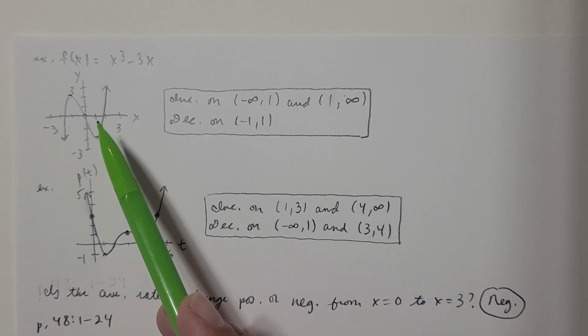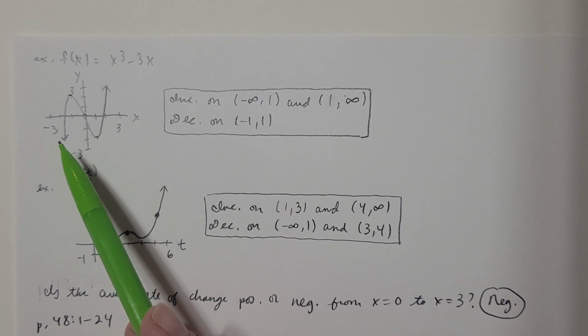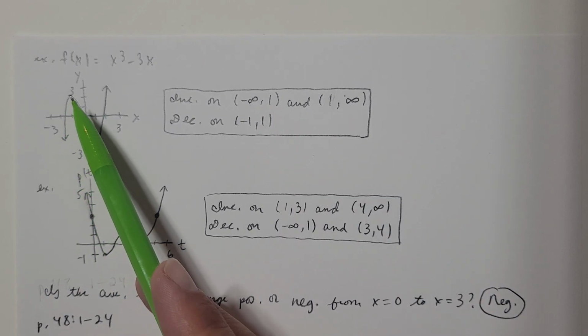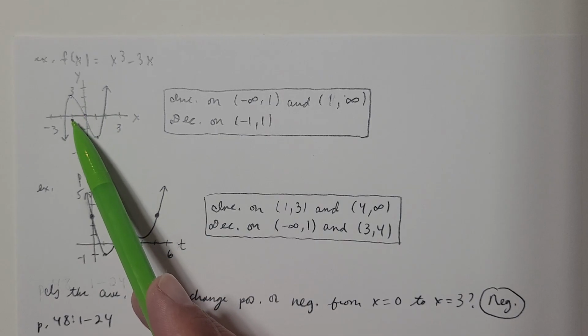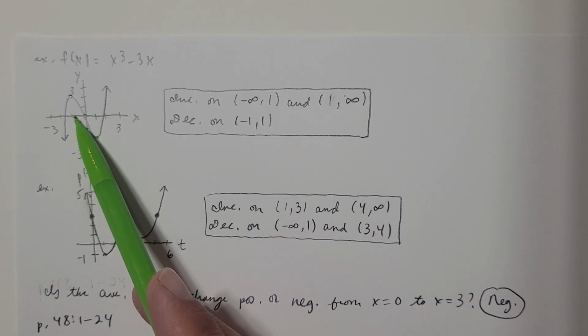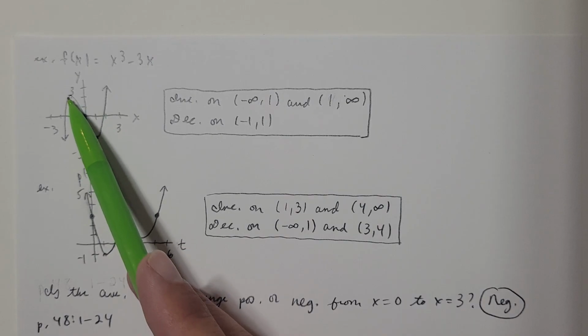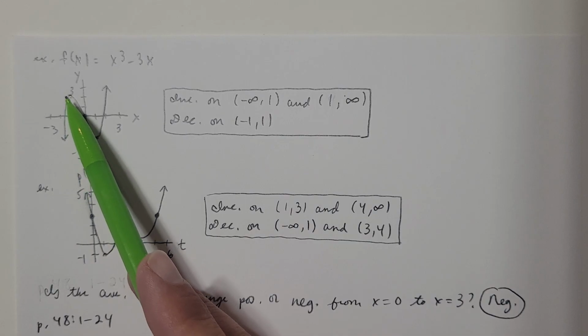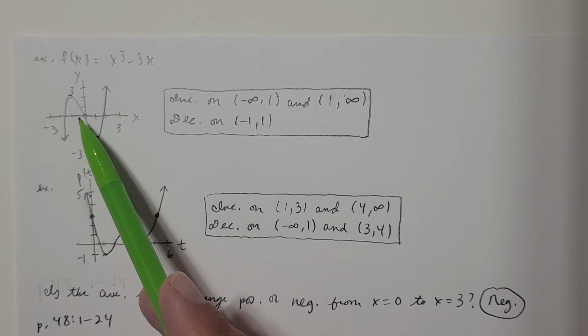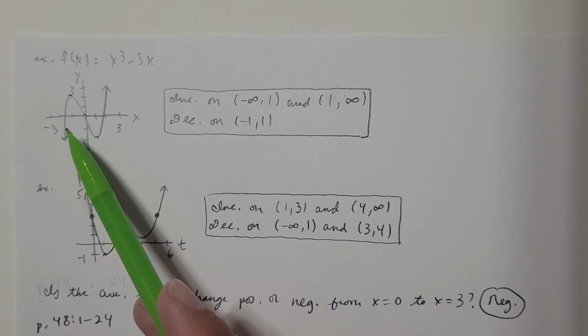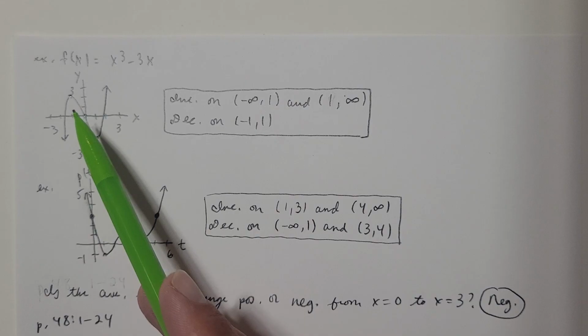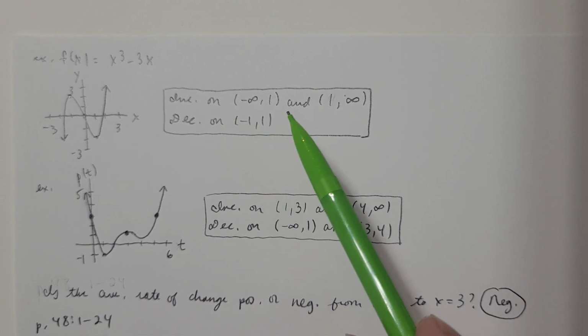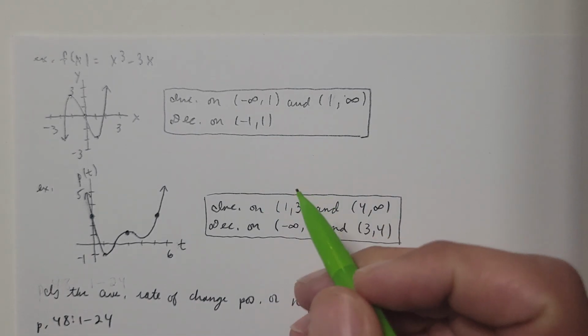Well, if I'm scanning from left to right, I'm going to be rising until I get to negative 1, because at negative 1, 2, that's where I take a turn. Okay, and so I'm going to be increasing everywhere that would be to the left of negative 1. That should be a negative 1, sorry.